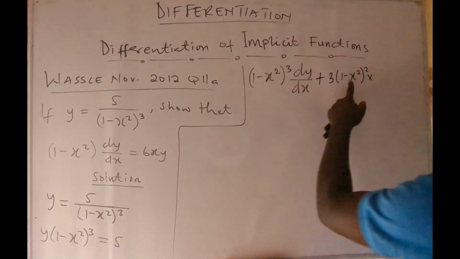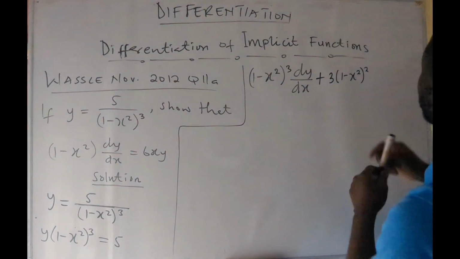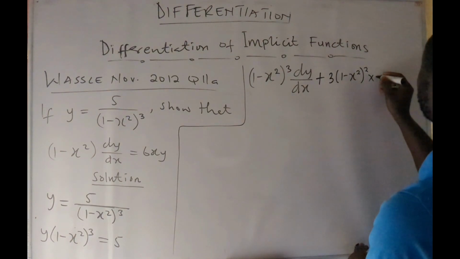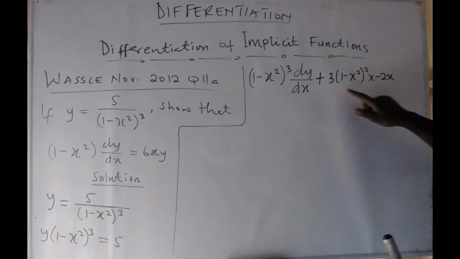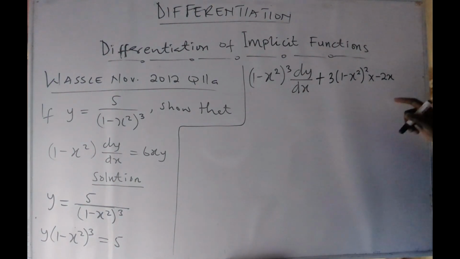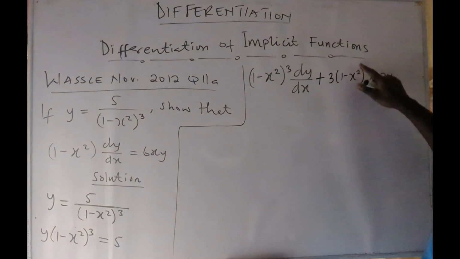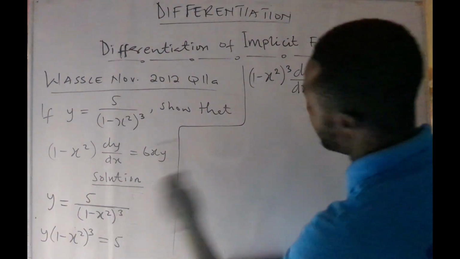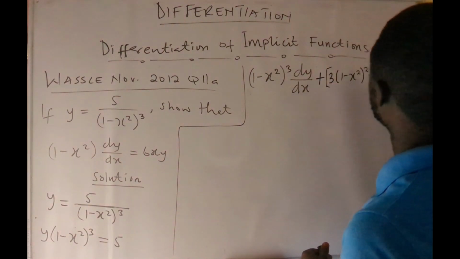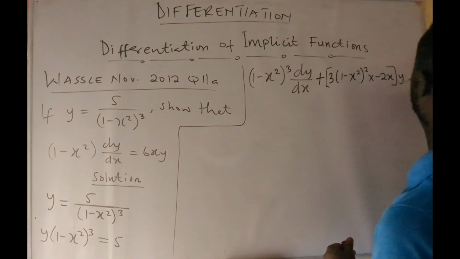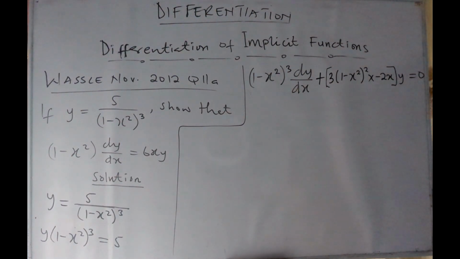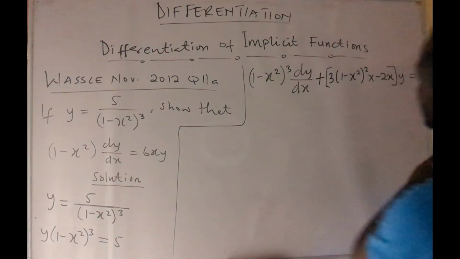If I differentiate 1 minus x squared, it will give me minus 2x. Then after I'm done with the differentiation, I multiply by y. So the whole of this is going to multiply by y equal to 0, because the differentiation of 5 is 0.